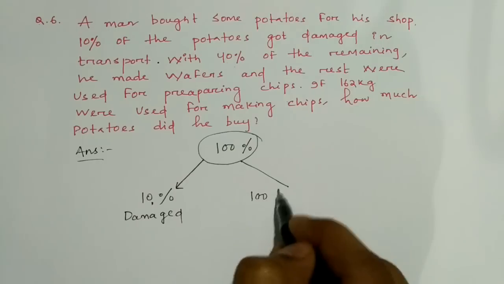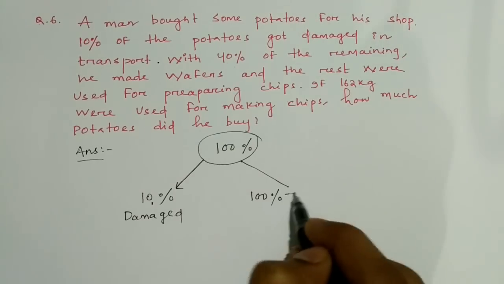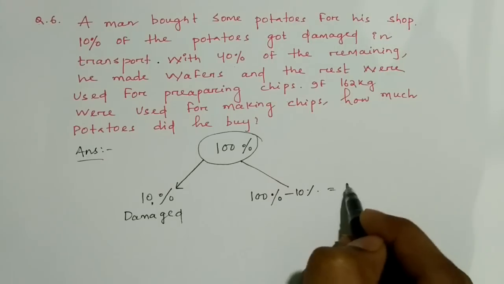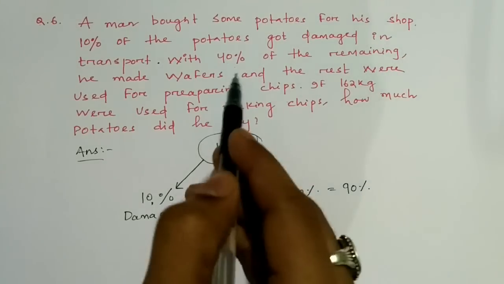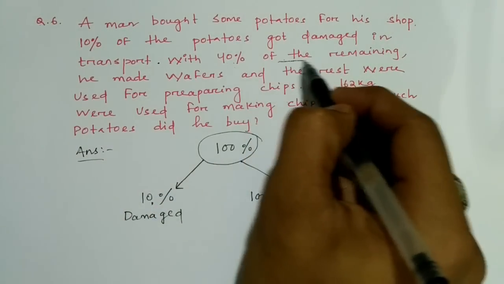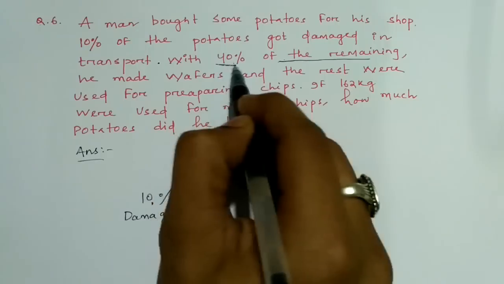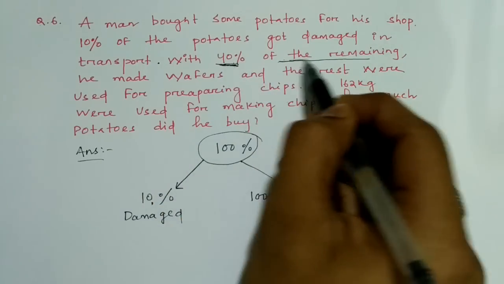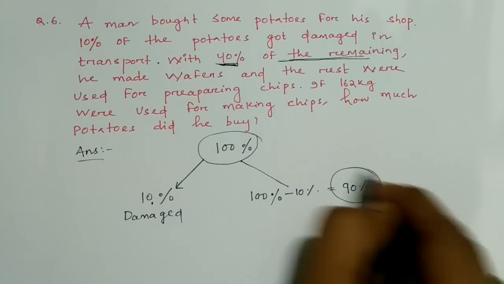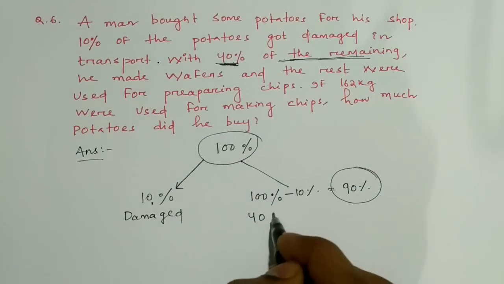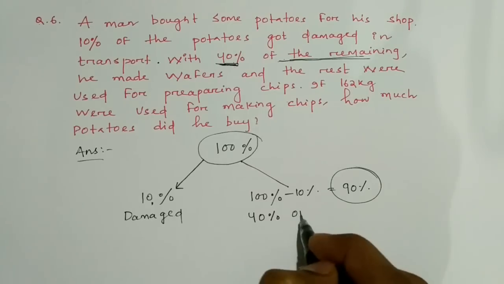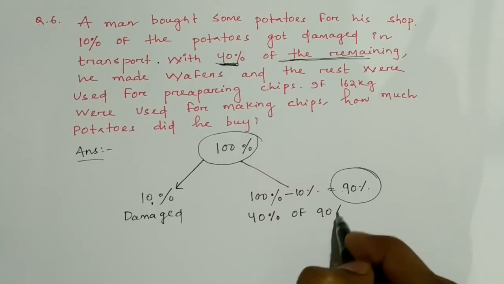So the remaining percentage will be 100% minus 10%. So the remaining is 90%. With 40% of the remaining, not just the single 40%, it is 40% of the remaining, which is 90%.